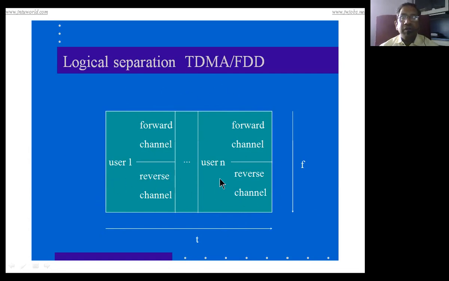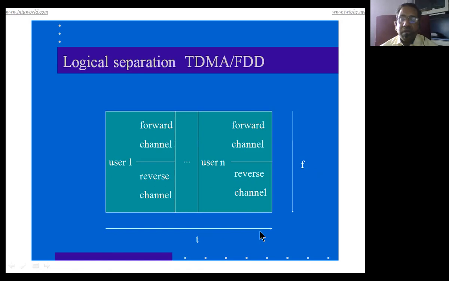All these different users are using the same set of frequency bands. That means if we have a very narrow, scarce frequency band, in that case we suitably go to the time division multiple access technique.